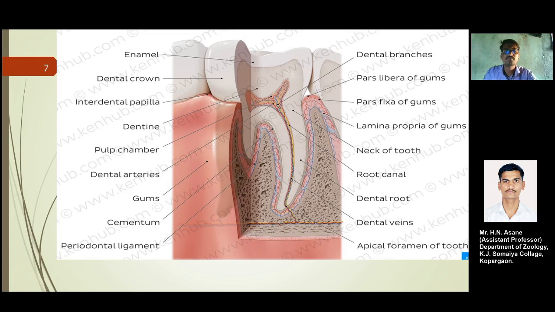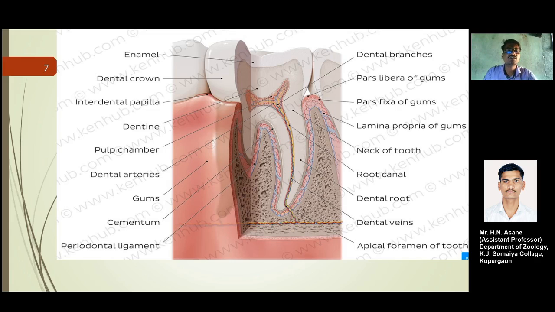You can see the dental veins in the dental canal, the dental root, and the apical formation of the tooth. You can see the cementum, that will be the main structure embedded into your gums.